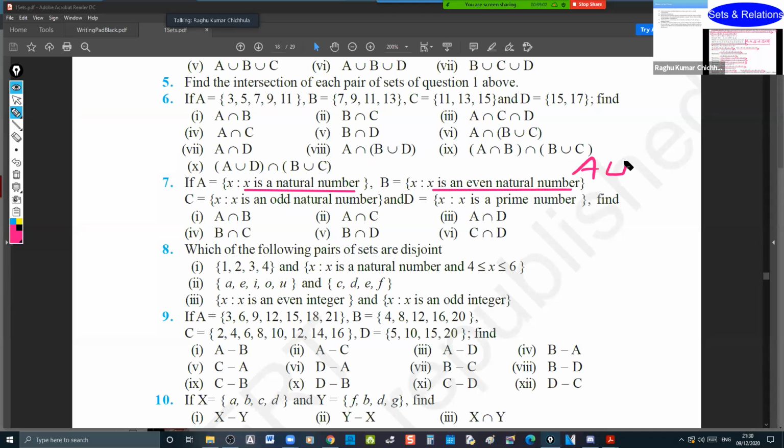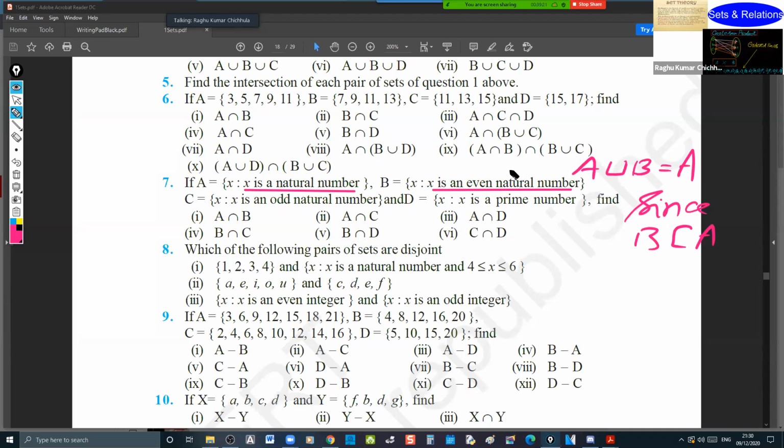Tell me what is A union B? A only. Why? Every natural number is there, and in the natural numbers, even numbers are obviously present. That is, B is a subset of A. Similarly, tell me A intersection B?